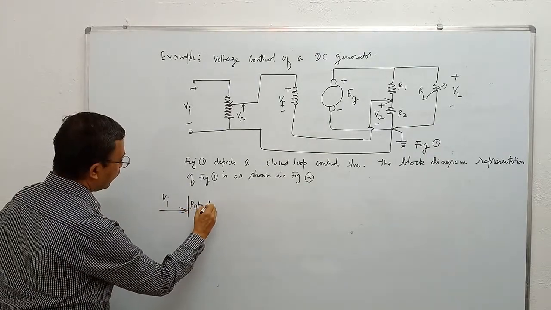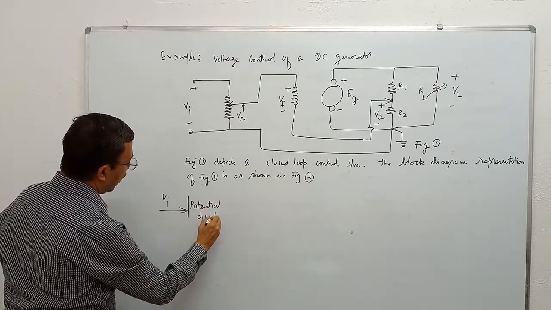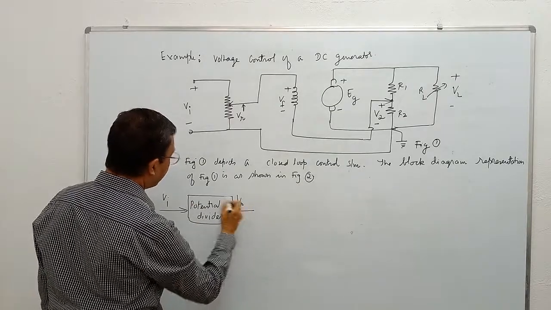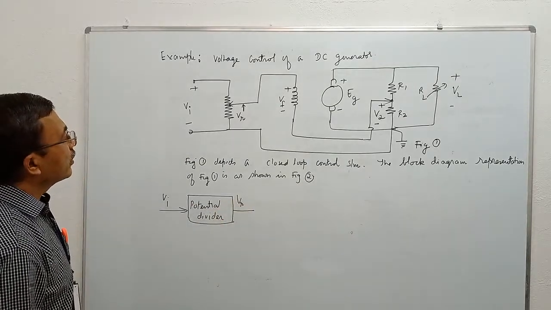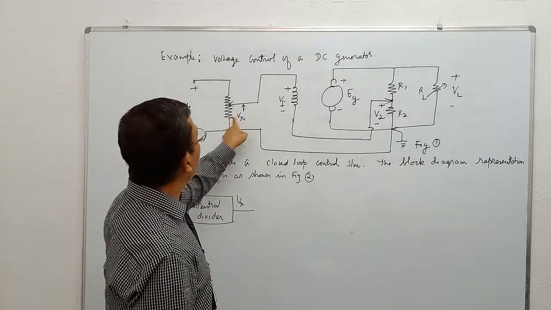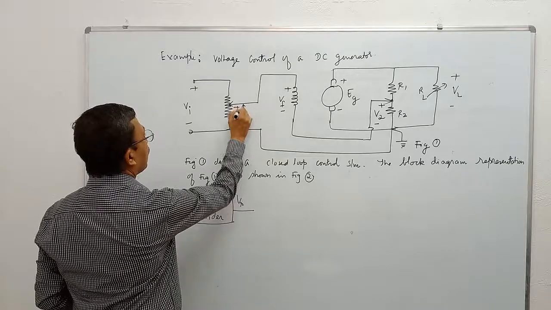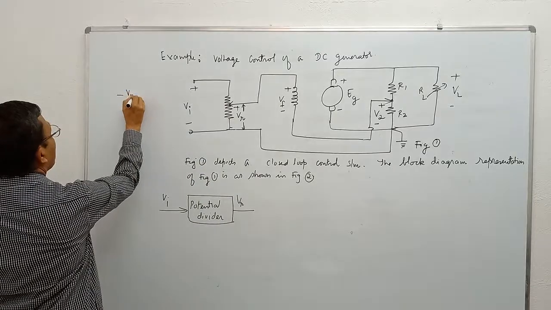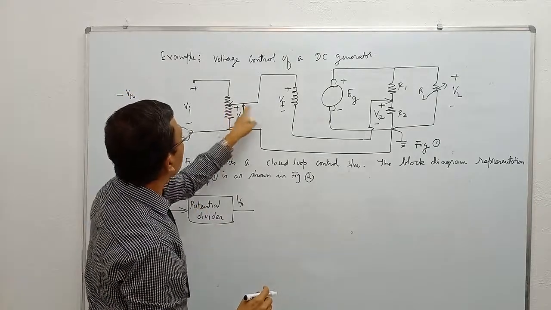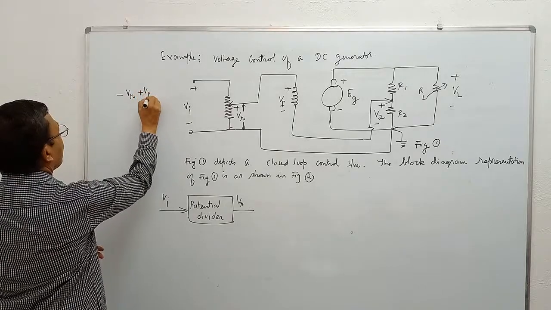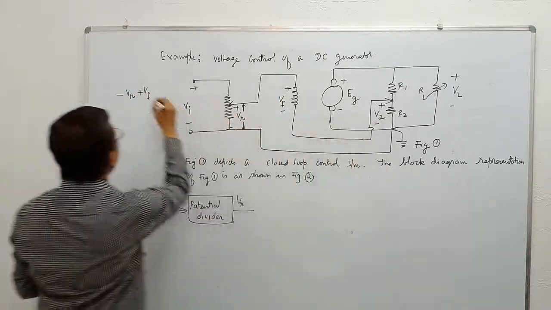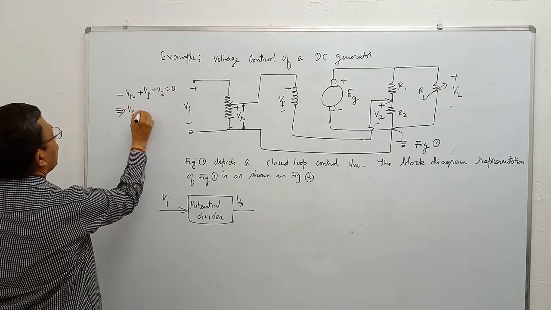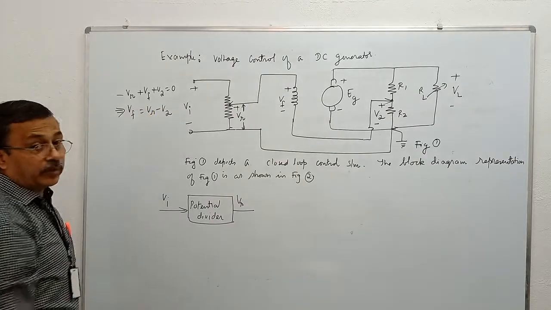Potential divider converts VI into a voltage VR, which is less than VI. Then if you apply KVL to this loop, this is plus minus, what you get? Minus VR plus Vf plus V2 equal to 0. This implies Vf is equal to Vr minus V2.